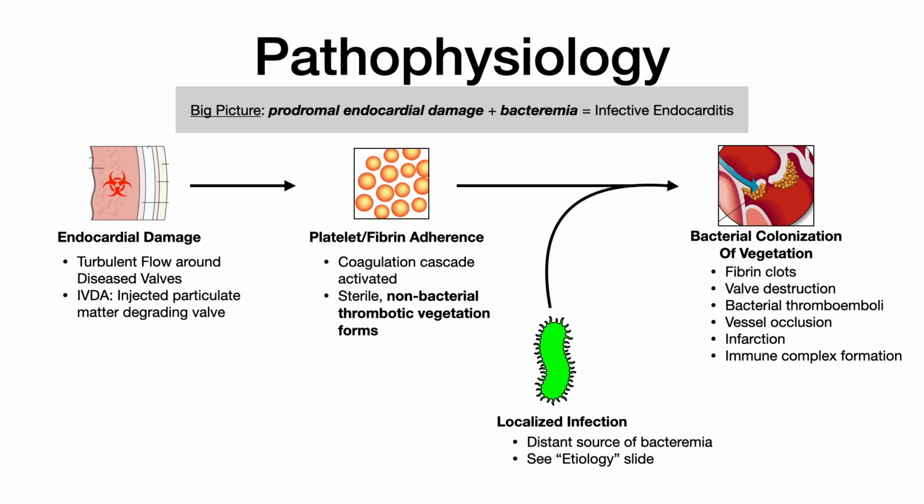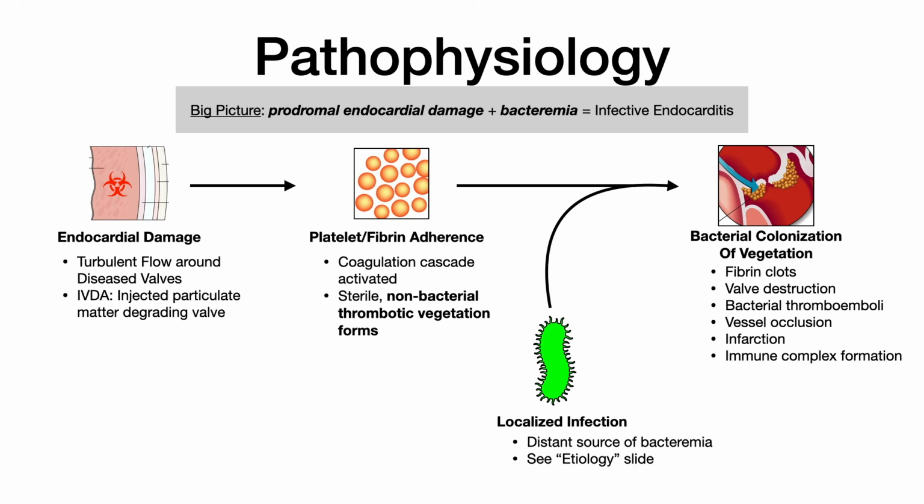And what that leads to is vessel occlusion and infarction. And the body, trying to deal with this, is forming immune complexes. We know that if you've studied a little bit of immunology, anytime the body forms immune complexes, that leads to other extracardiac, meaning outside of the heart, complications.